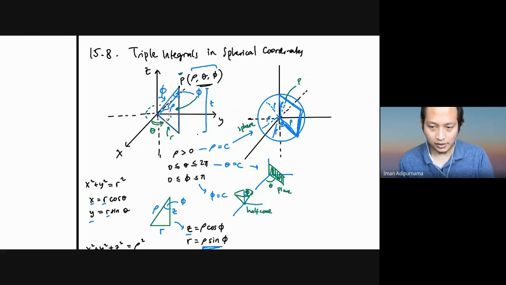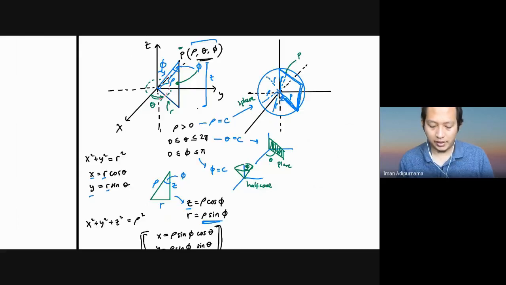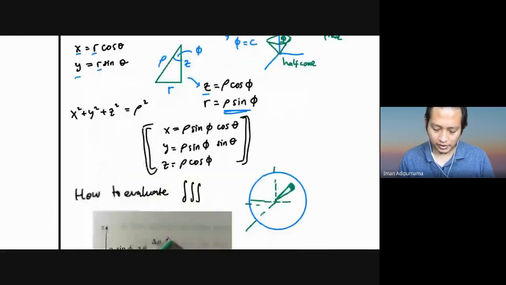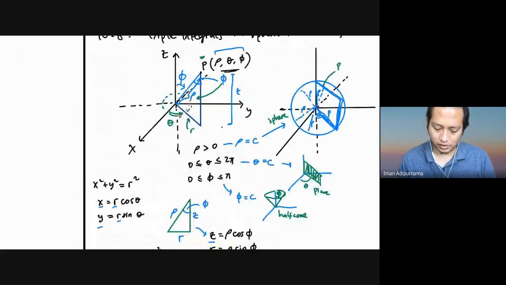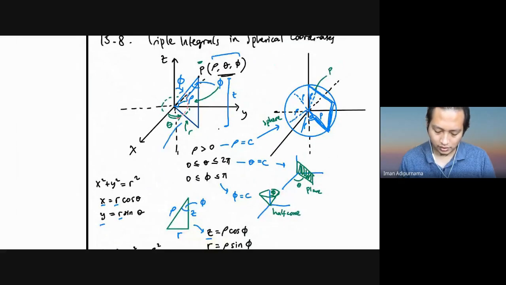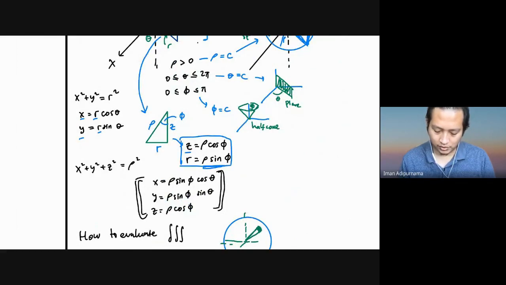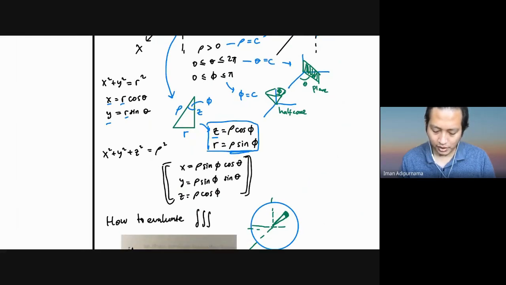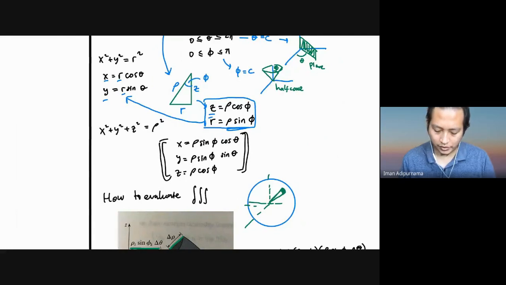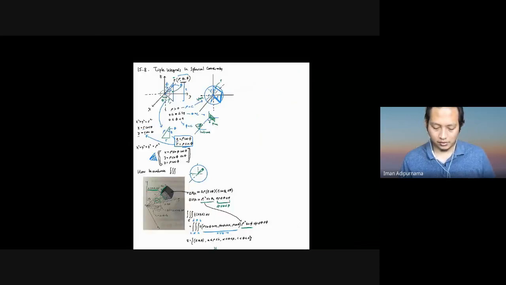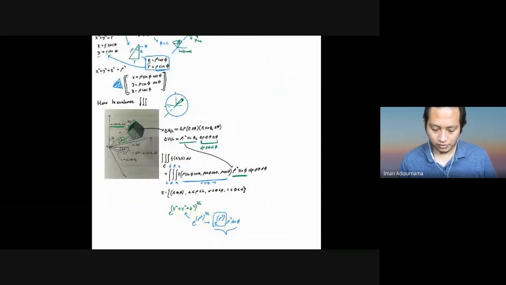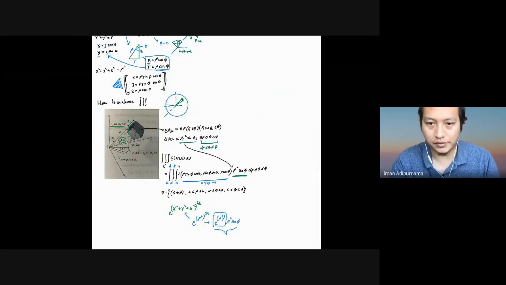I hope you get the basic idea from here. Okay, and then the rest is just to look at the triangle here, and this one is the important one. What you're going to do from here is the r you're going to substitute to here, and that is why you have this. Okay, I hope you get the point for the spherical coordinates.